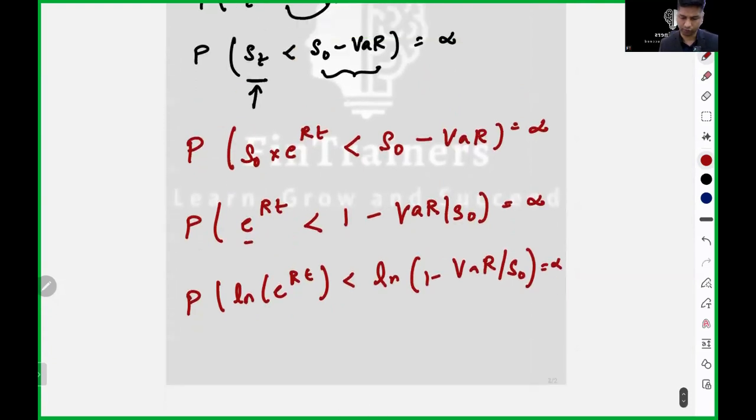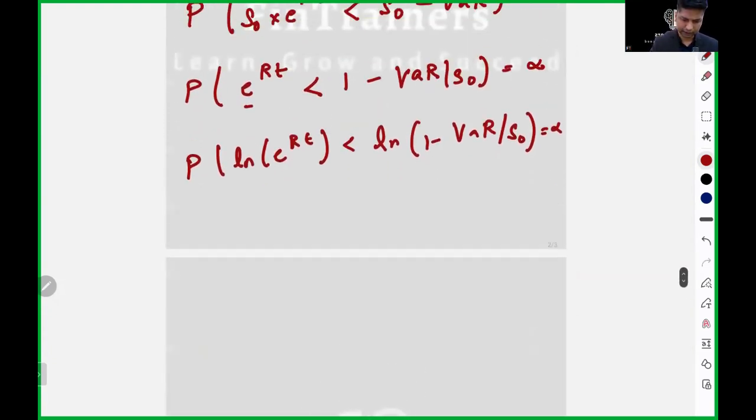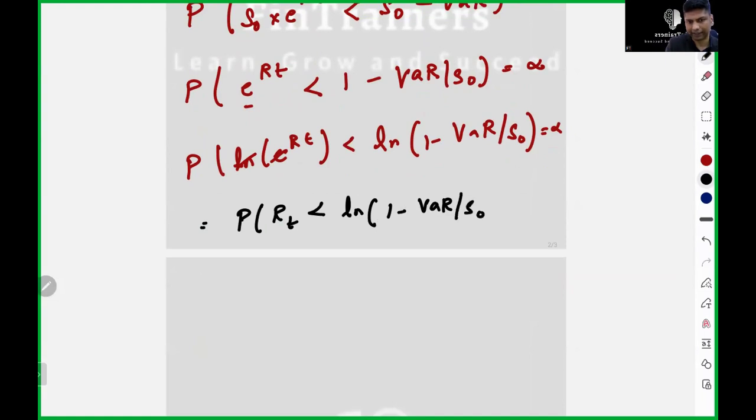Okay, so far so good. So this is going to get canceled out. So if we do this, it's going to be probability of RT less than natural log 1 minus VAR by S0 is equal to alpha.